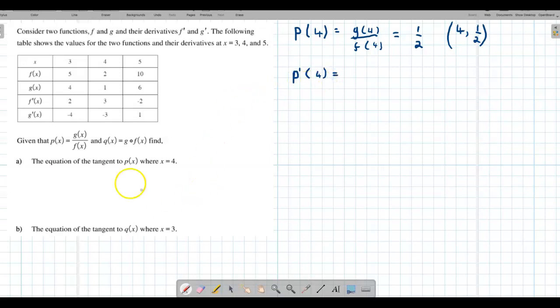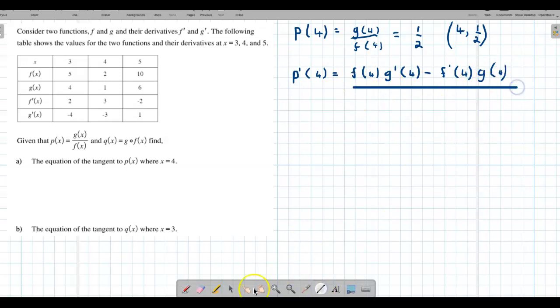Now if I use the quotient rule, I need f(4). Then I need to differentiate the g and plug in 4, and take away f'(4) and g(4), and it's all got to be divided by the v squared. So in this case, the v squared number is the f(4) number squared.